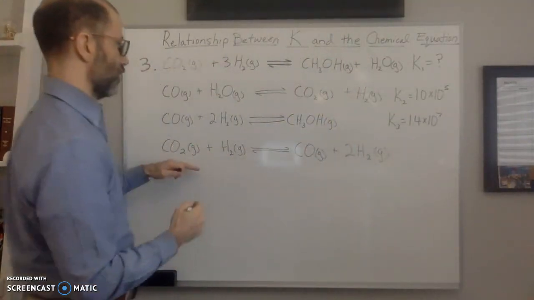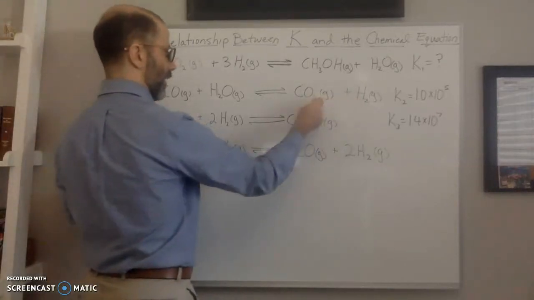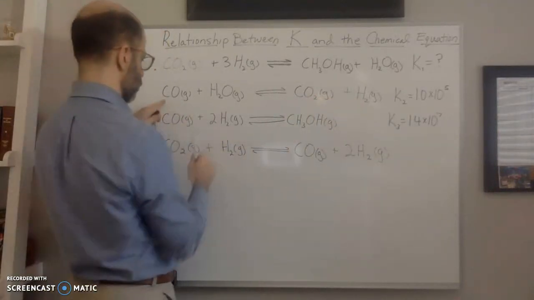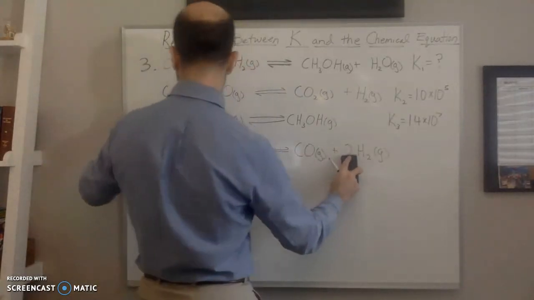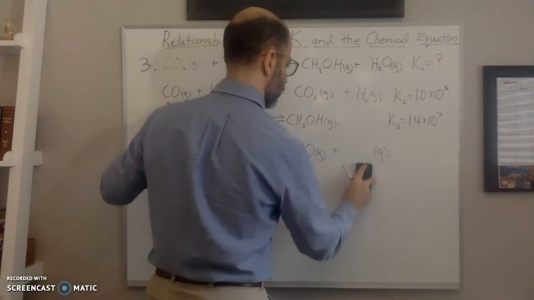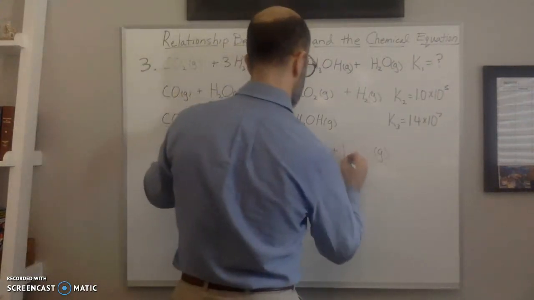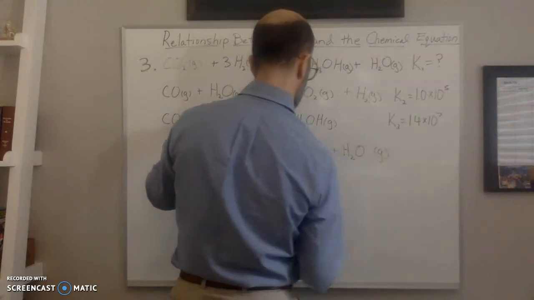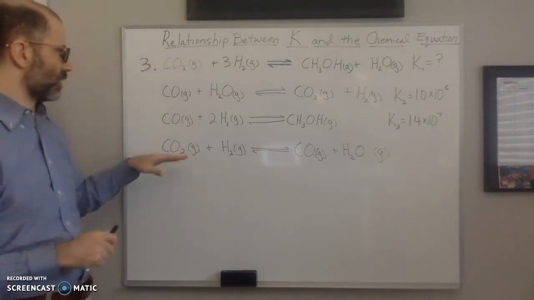So double check to make sure I got that right. So CO2, H2 gas plus, oops. Yep, okay, so I'm glad I double checked. Looking at the wrong one, that should be H2O gas. So it's always good to double check to make sure you're not making any mistakes.